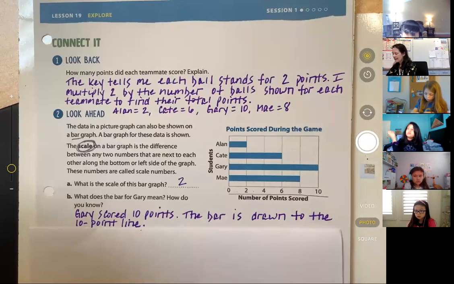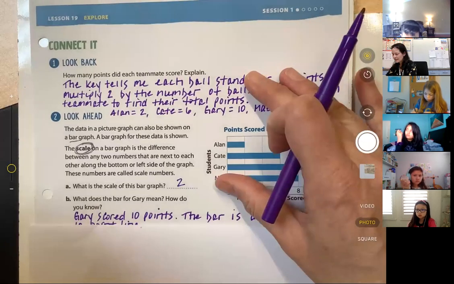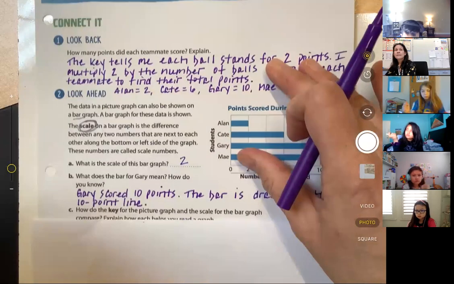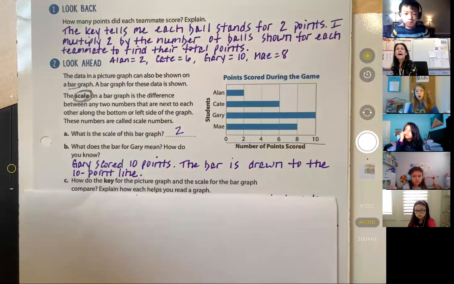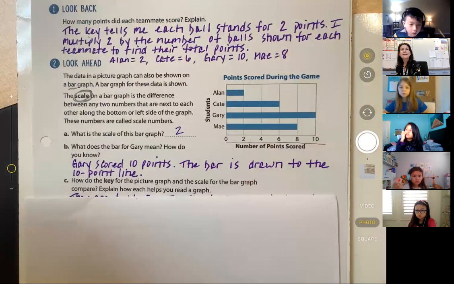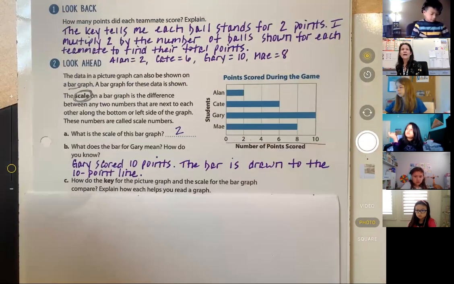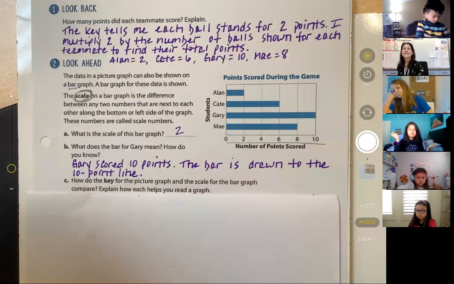All right? Now, on question C, I'm going to move my paper up just a bit. It is saying, how do the key for the picture graph and the scale for the bar graph compare? I just talked about this a few seconds ago. Explain how each helps you read a graph. Here we go, friends.